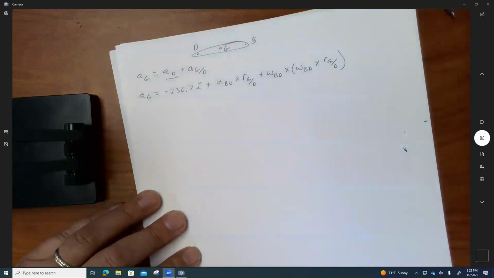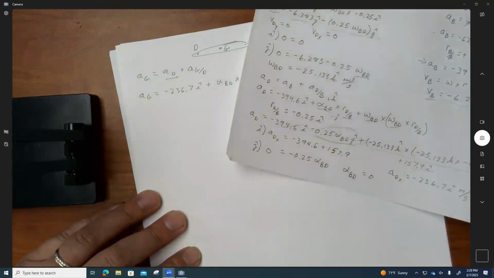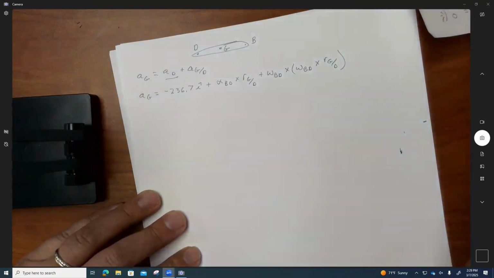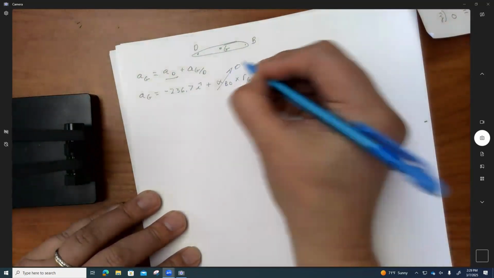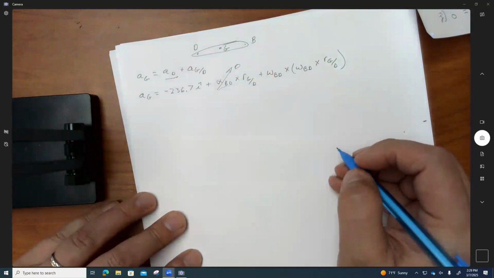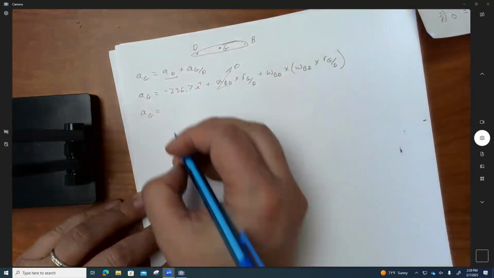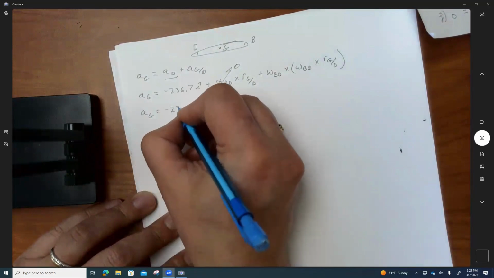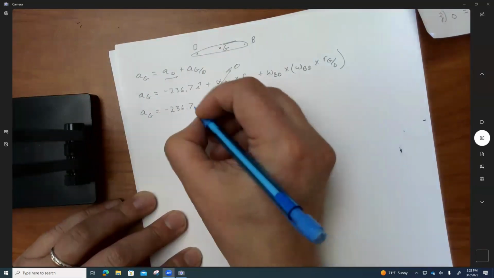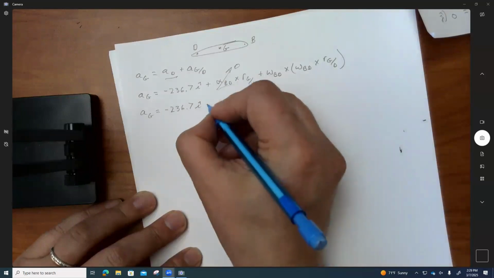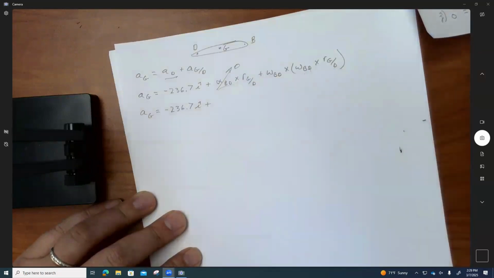I already learned that my alpha for BD is going to be 0. So this term goes to 0, no tangential acceleration, and that's common for a rod. So minus 236.7 i, and let's put in our omega BD terms.